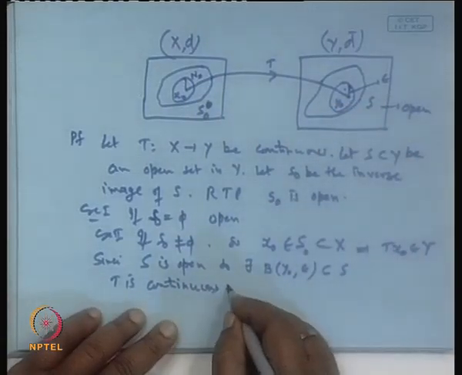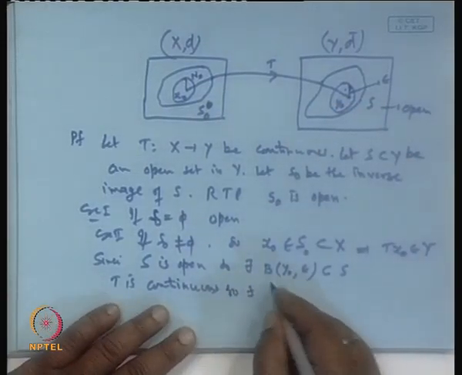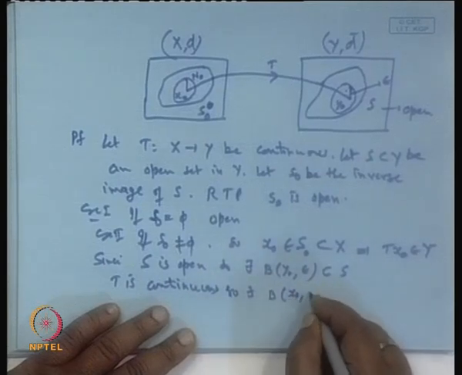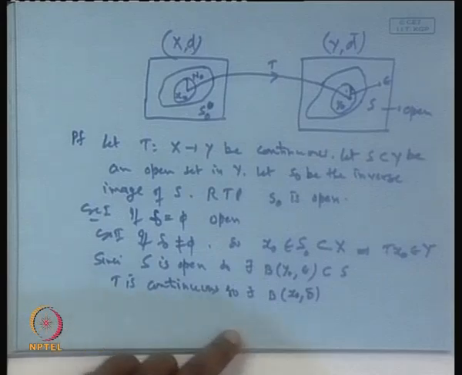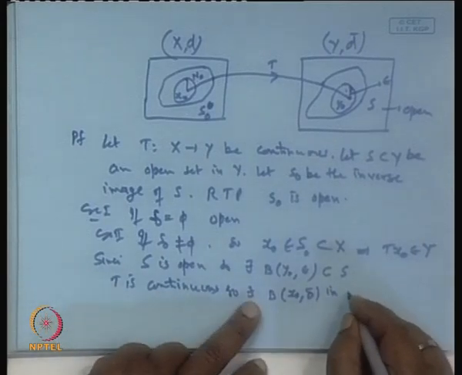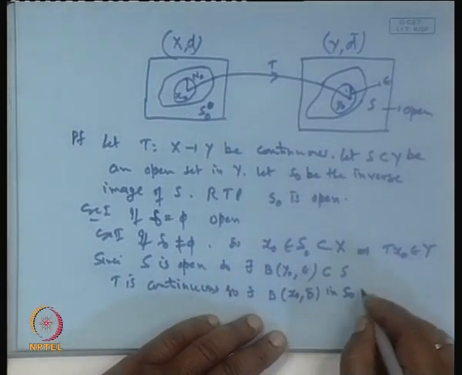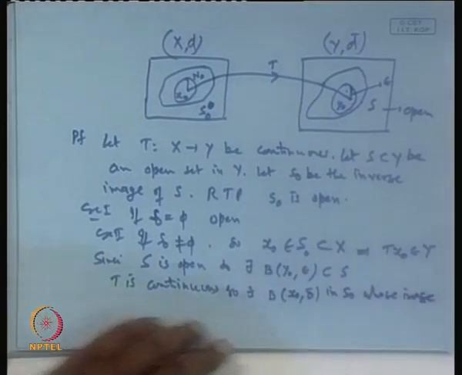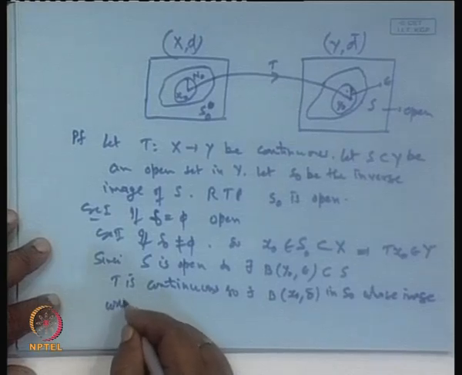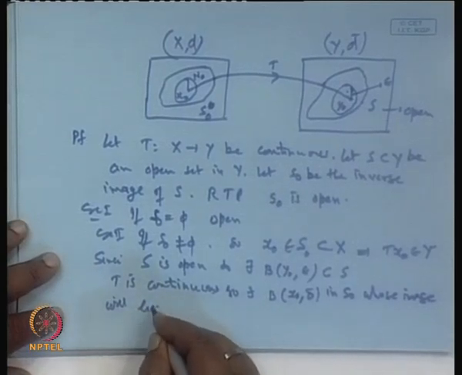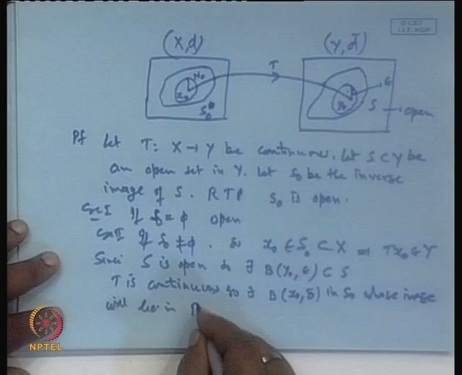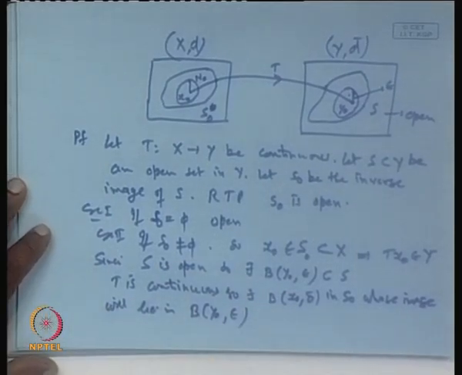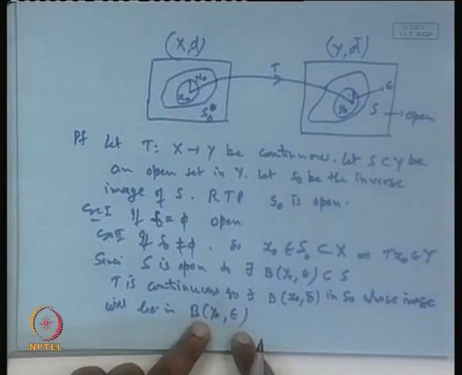So, there exists a delta neighborhood, say B of x naught, delta in S naught, whose image will lie in the neighborhood B of y naught, epsilon, which is open.